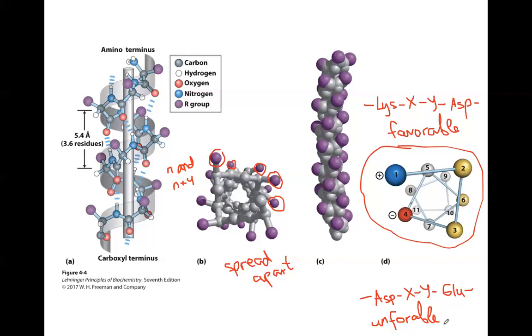So there are a number of things you can look for. One is what is in these positions 1, 3 to 1, 4. Because of 3.6, it can be N+3 or N+4. Because they're all going to be close, they're going to be on the same side, so the charge is going to be close. So you look at what kind of charges are separated by 2 or 3 amino acids.